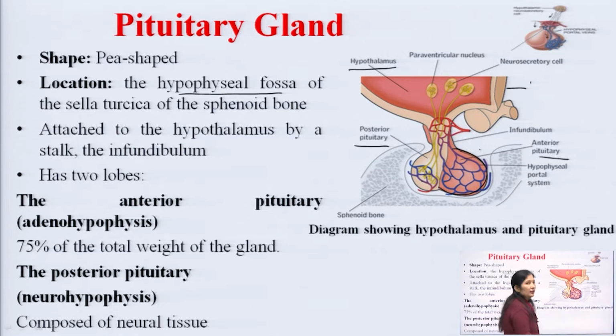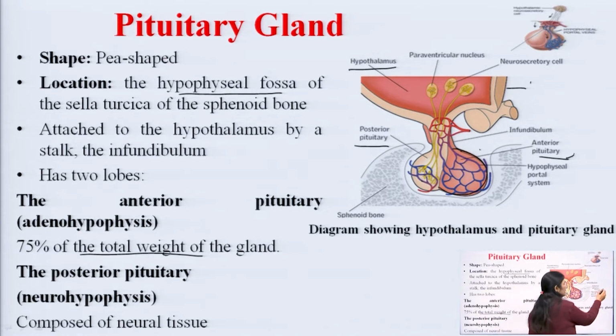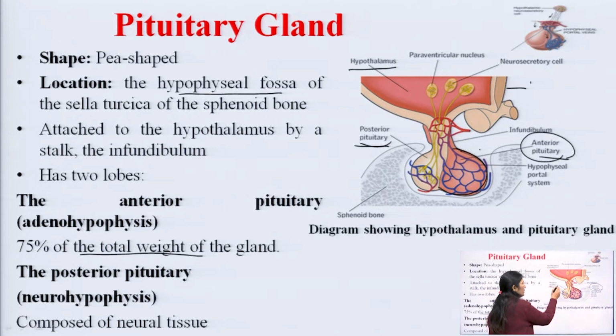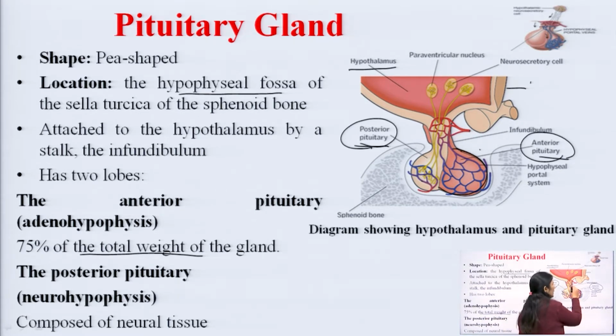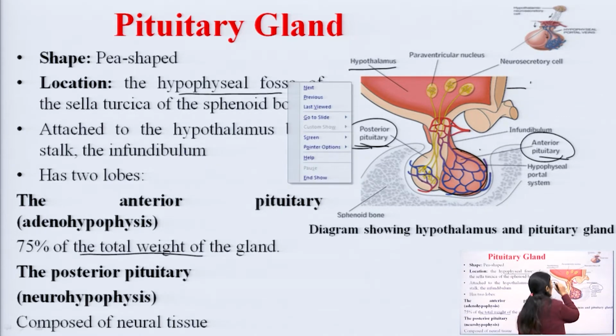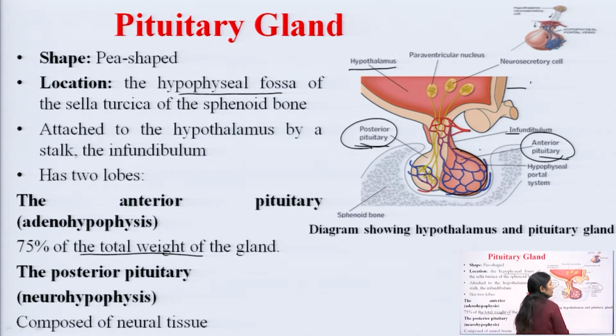You can see 70 to 75% of the total weight of the gland consists of anterior pituitary, rest is posterior pituitary, and this pituitary gland is attached to the hypothalamus through the infundibulum, which is a stalk which attaches the hypothalamus to the pituitary.